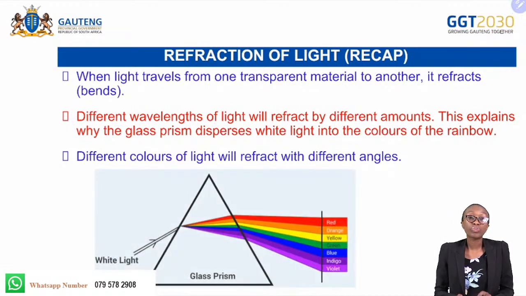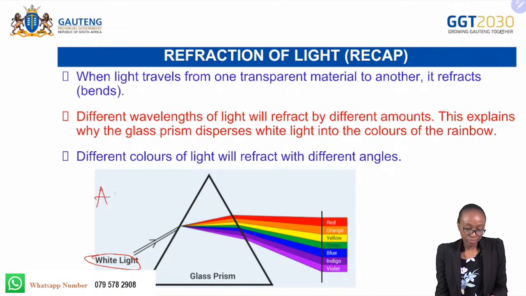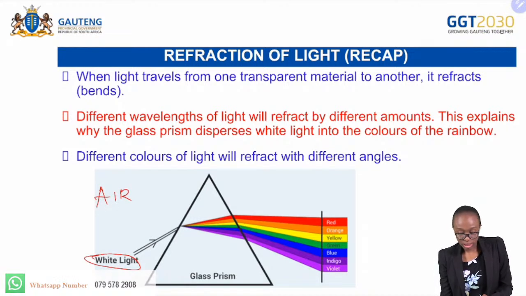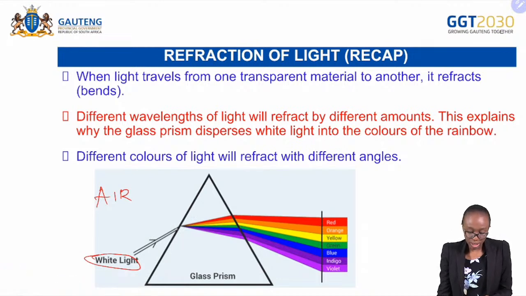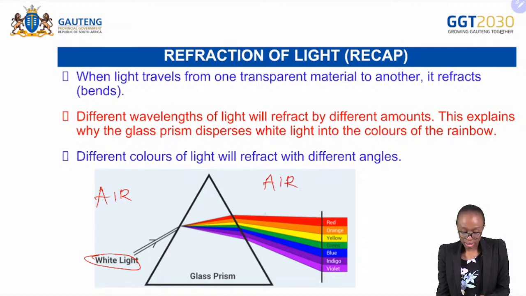I'm just going to pull up a picture to show you how differently the lights bend. We have white light coming in, our incoming ray, moving in air. Now it reaches this glass prism and bends, and as it exits the glass prism into the air once again, it bends again.